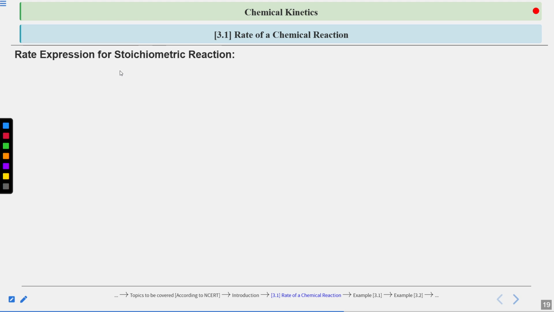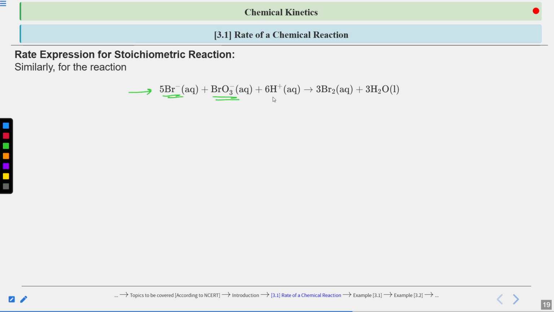Continuing on this topic, similarly, if you want to consider another reaction, let's say 5Br negative plus BrO3 negative plus 6H positive, it is giving us 3Br2 and 3H2O.